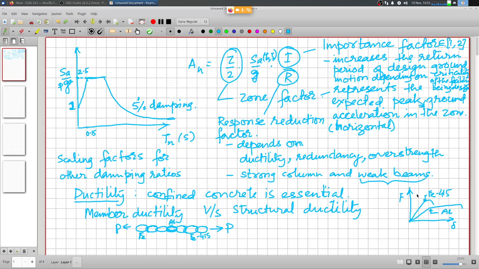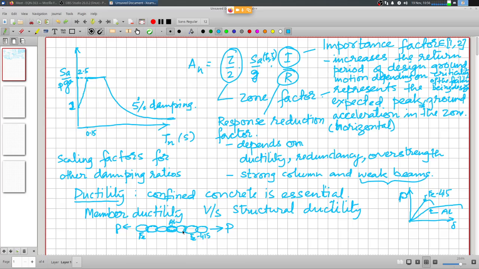So now obviously you can see that as you keep on increasing the load, as soon as P reaches this yield level, this particular link is going to stretch. It is going to enter this plastic flow region, and the deformations are going to increase.